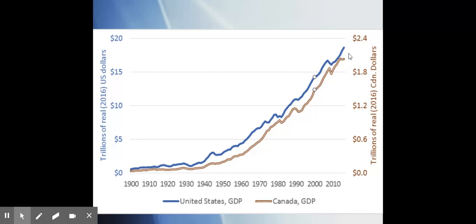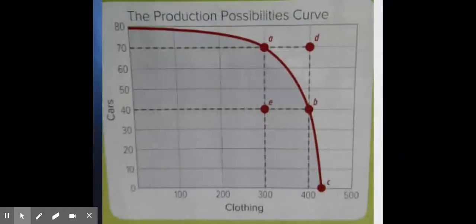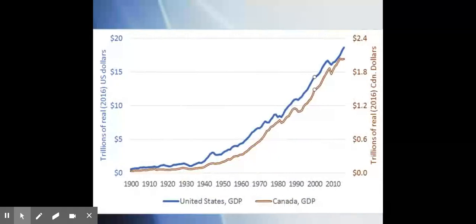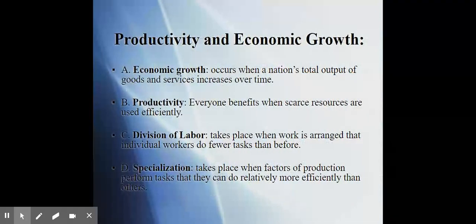Okay, so now maybe by 2016, we get closer to $17 trillion. So as we grow the economy and as we grow our efficiency, we're able to get over to that point, which is going to be D, which is in the future, which is economic growth. Okay. And how do we get to economic growth? Well, we increase our productivity.